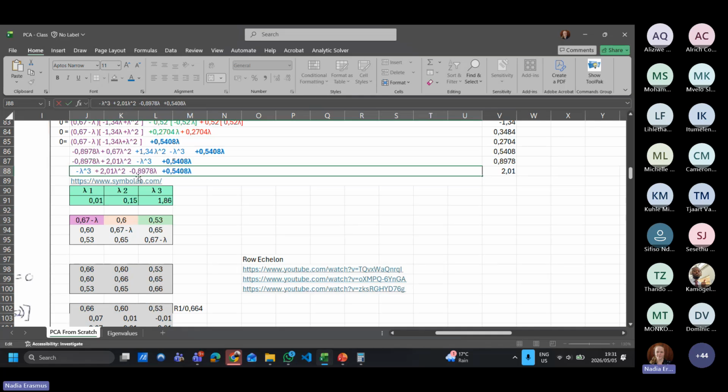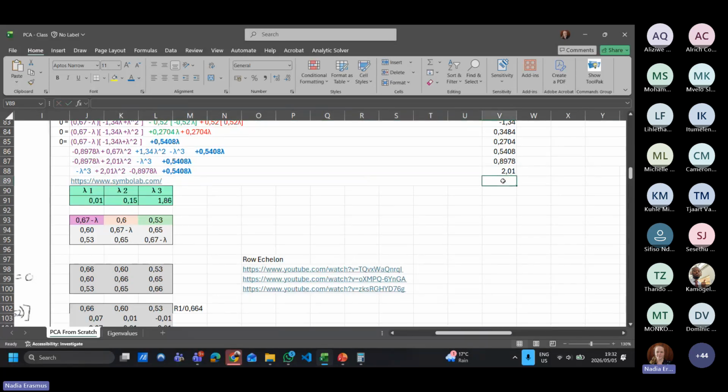Then we have negative lambda, and we have, oh, this one is also lambda. So we're going to combine those two. So it is equal to 0.5408 minus 0.8978. Wait, 78.